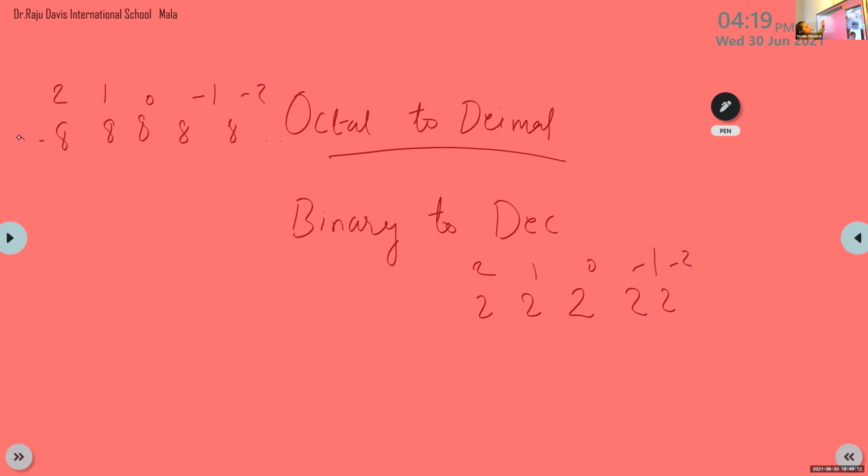Then how is hexadecimal to decimal conversion? It is power 16: 16 raised to 0, 16 raised to 1, 16 raised to 2, etc. Is it clear? Okay. So for octal to decimal conversion, we use position values 8 raised to 0, 8 raised to 1, 8 raised to 2. For the fractional part, we use 8 raised to minus 1, 8 raised to minus 2, etc.